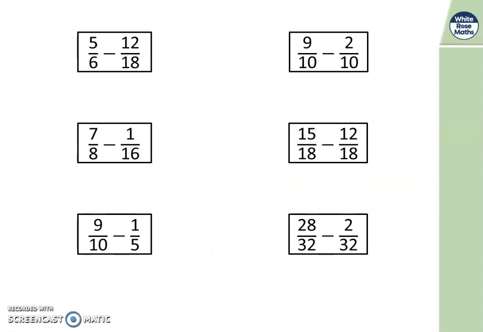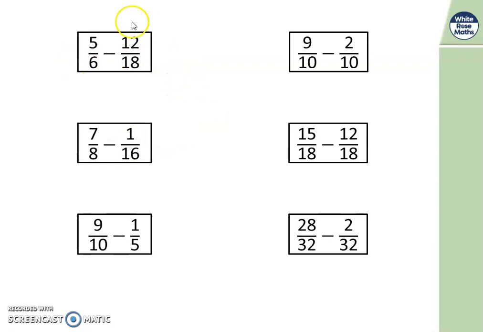On this question, we need to match the calculations on the left with the matching calculation on the right. To do this, you need to convert one of the fractions on this side into an equivalent fraction. You might have to do both of them into an equivalent fraction.